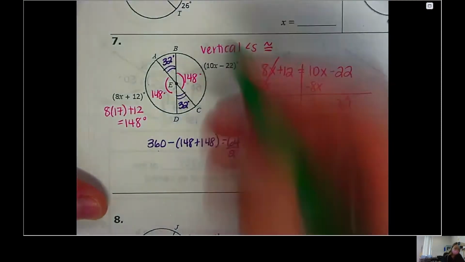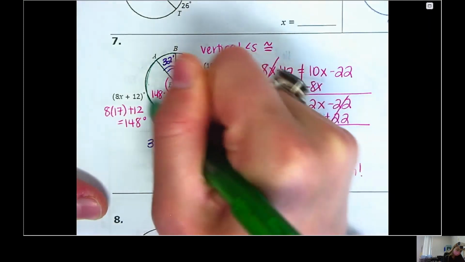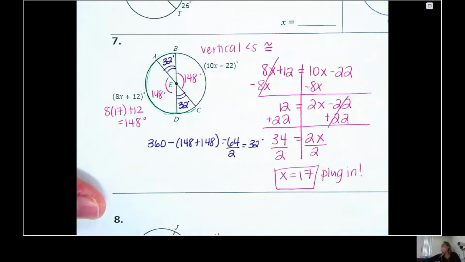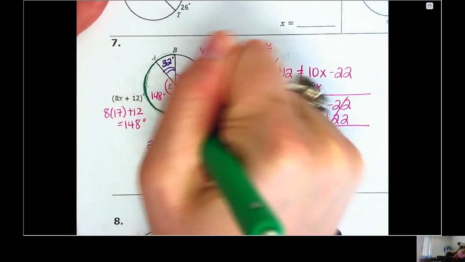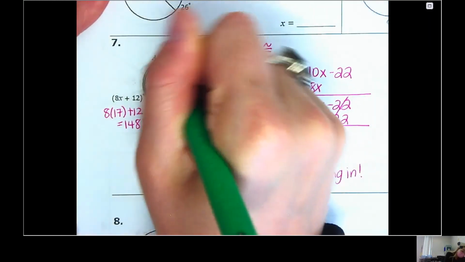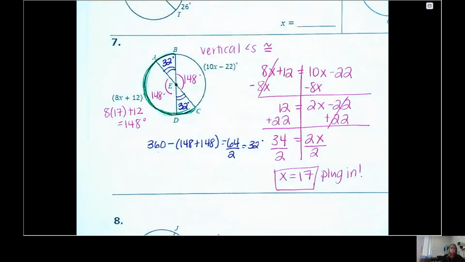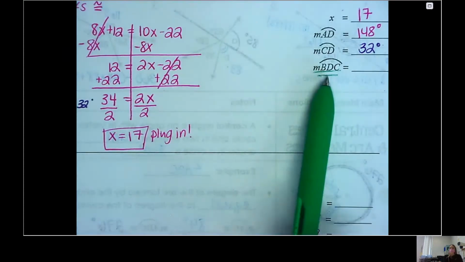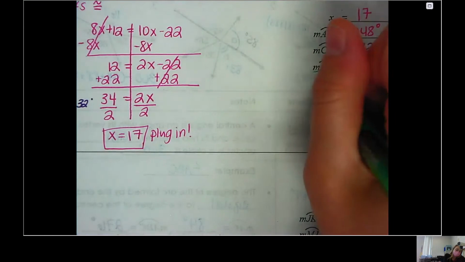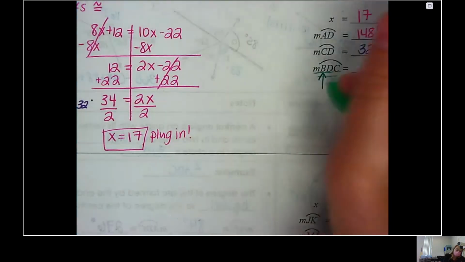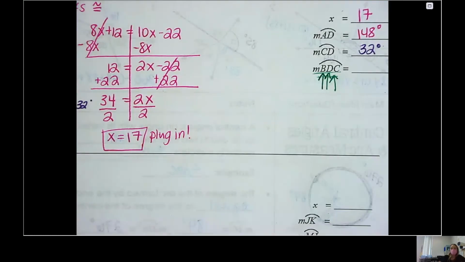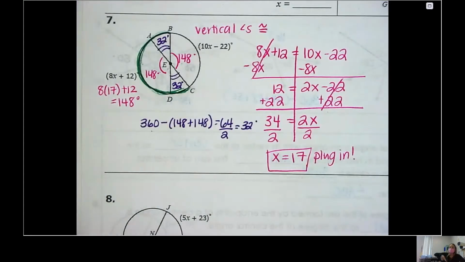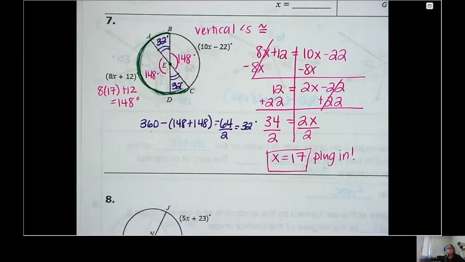So BDC means start at B, go through D. You always go based on the lettering that they give you. So the lettering that they give you says start at the first letter, go through the second letter, and end at the third letter. And you have to go whichever way gives you the bigger arc.